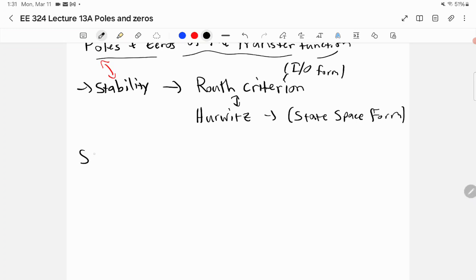And so we're going to just again focus on a single input, single output system, SISO, as we have been doing before. So let's do an example where we try to find if it's stable or not. Suppose our system is governed by an input-output equation that looks like this.